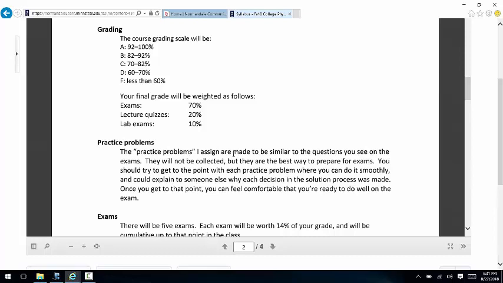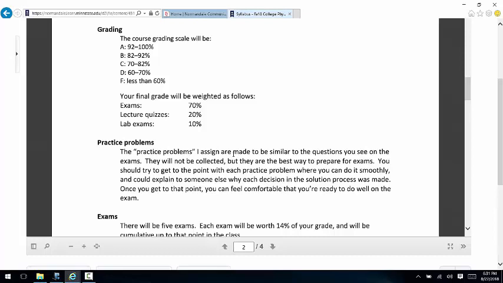I maybe would even have thought at the beginning that it might work okay, but it just doesn't. In order to understand these problems, you have to do these problems without looking at the solutions. You're basically trying to get to the point where if someone asked you how to do any one of these assigned problems, you could go through it with them.